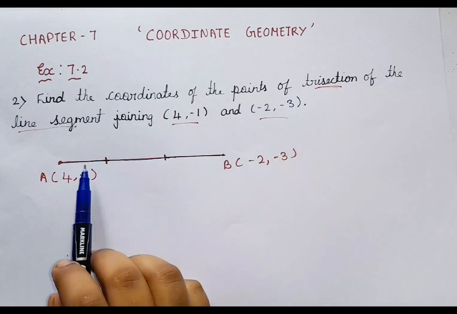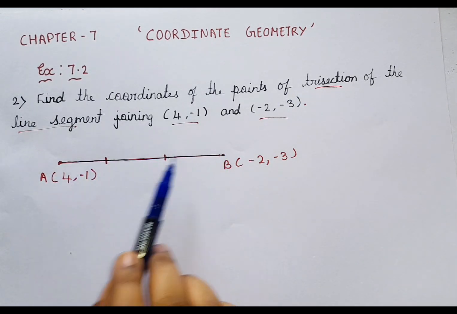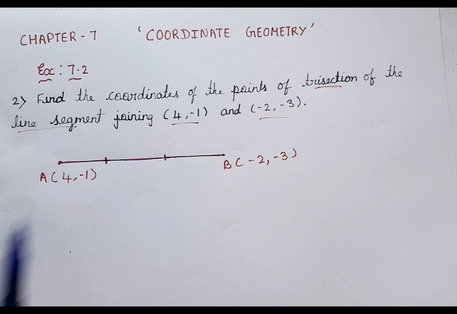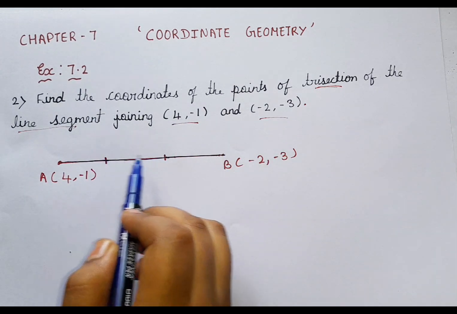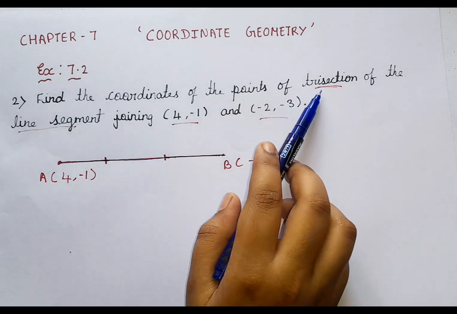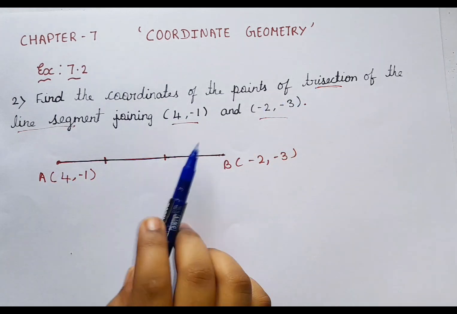That is the meaning of trisection. Whenever you get the word trisection, put 2 points so that it divides the segment into 3 parts. Tri means 3. So now we have 3 equal parts.